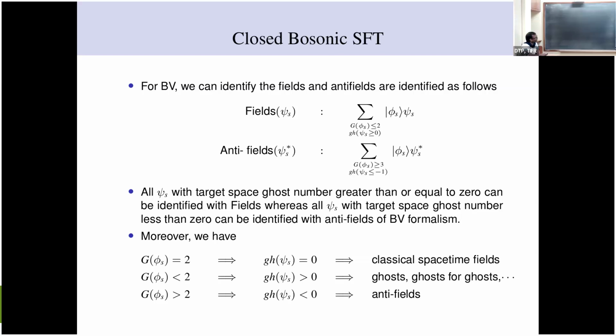These anti-fields we denote with a star, just to match notation with BV. For example, if the world sheet Gauss number is 2, then the target space Gauss number will be 0. These are classical space-time fields. If the world sheet Gauss number is less than 2, then the target space Gauss number will be positive, and they are ghost fields, and so on. Similarly, you have these anti-fields if your target space Gauss number is negative.